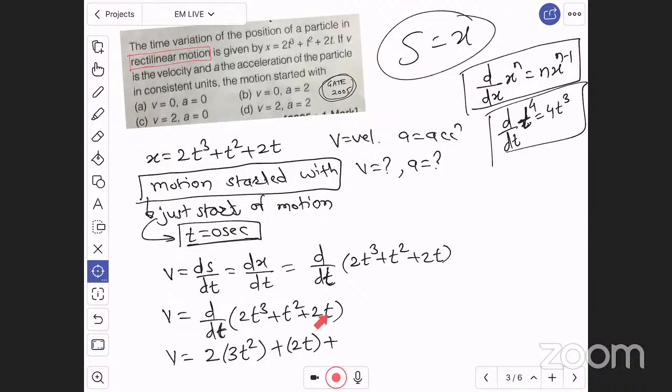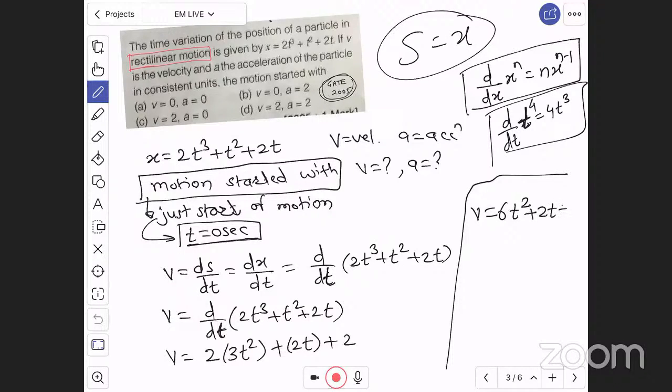The derivative of 2t will be only 2. These are very simple, basic formulas that you should know, right? Therefore the velocity equation becomes v is equal to 6t square plus 2t plus 2. This is your velocity equation, my dear students.